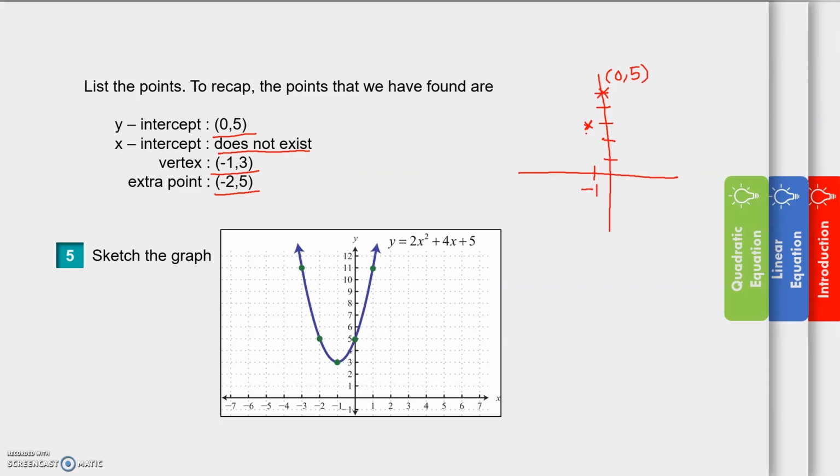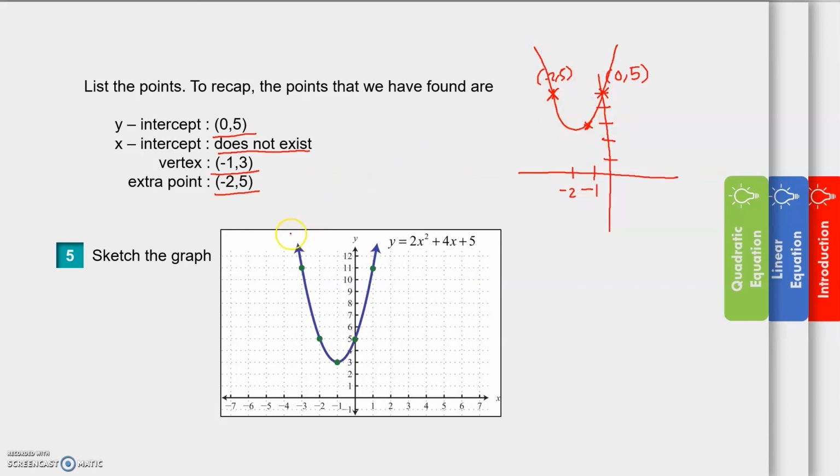This is our vertex. And then we have the extra point (-2, 5). Here is -2 and then 5. So this is our extra point coordinate. When we connect all these points, we will have roughly a graph like this.